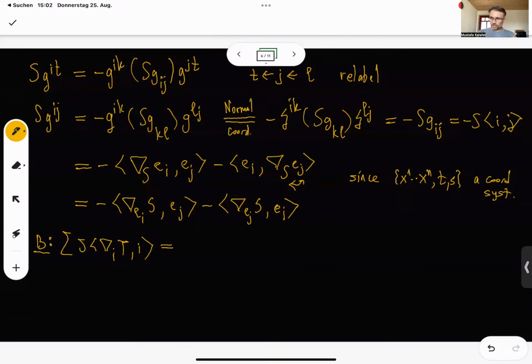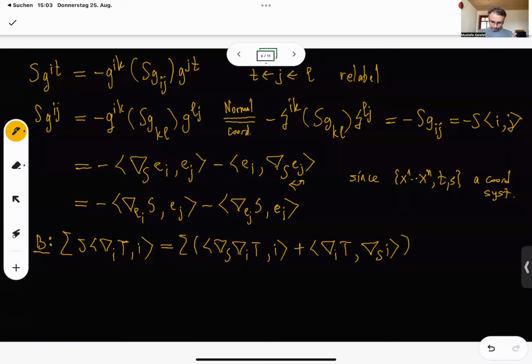So if you distribute S inside, nabla S nabla I T I plus, as you see, this is not local coordinate, this is invariant notation actually, but just abbreviated, so not confused with that one.